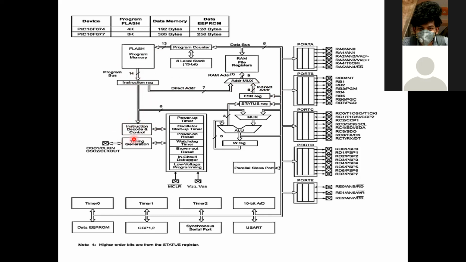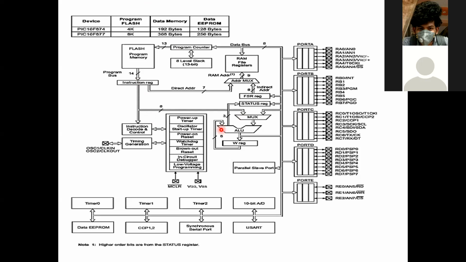What is the purpose of instruction decoder and control? I think you keep seeing this instruction decoder from 8085. What does the instruction decoder do? Anyone? Instruction decoder and control. This is one of the important questions. It's one of the important architecture parts we were discussing.